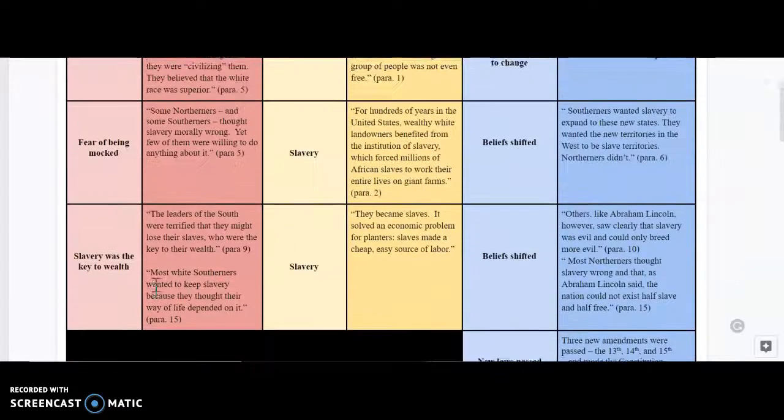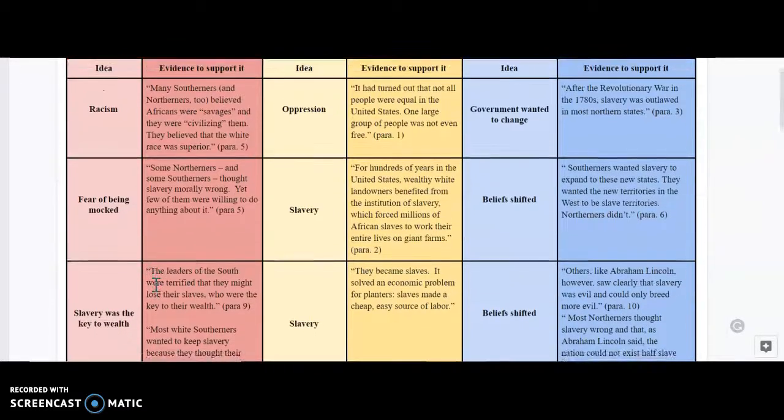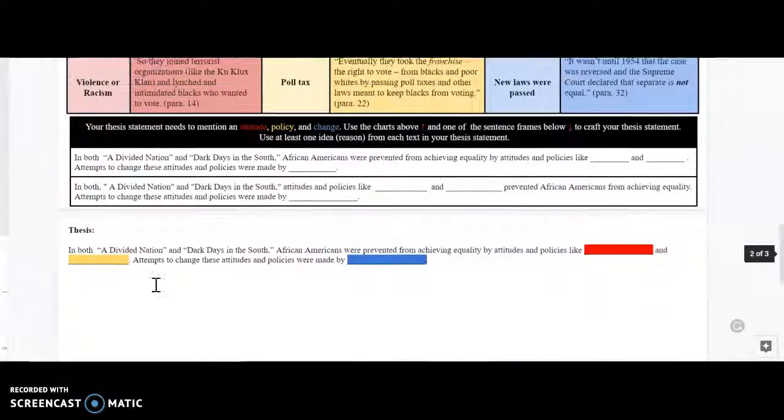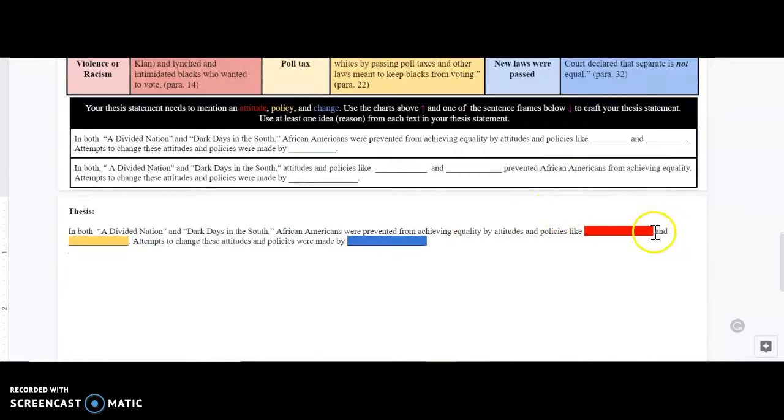So I'm scrolling. I might use the fear of being mocked. So I'd come down to my thesis statement and I'd write fear, or the fear of being mocked.